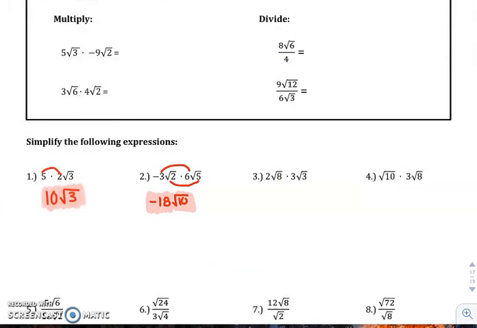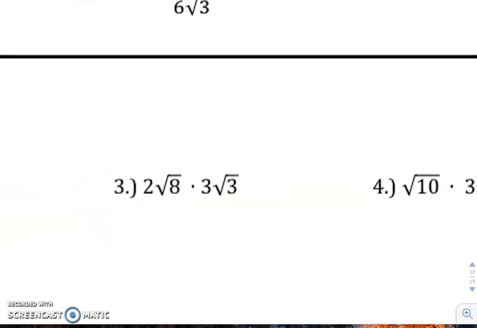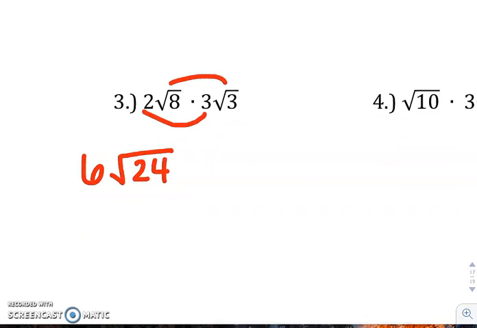So how about 3? 2 root 8 times 3 root 3. The outside's 2 times 3, 6. The inside's 8 times 3, 24. So for 24, there are going to be some perfect squares in there. This is one of the instances where once you've done the multiplication, you need to simplify or factor out 24. So 24 could be 12 and 2. 12 could be 3 and 4, or 2 and 2.